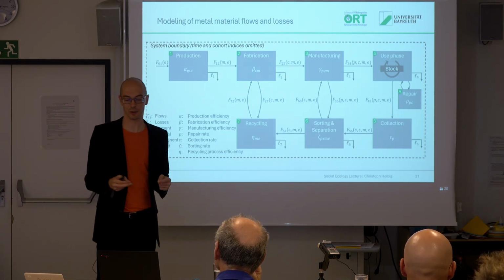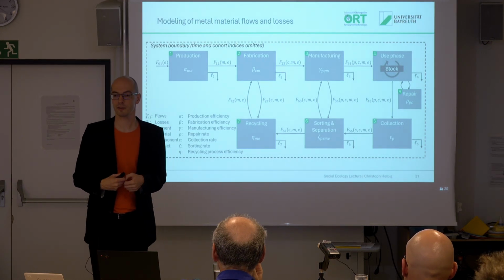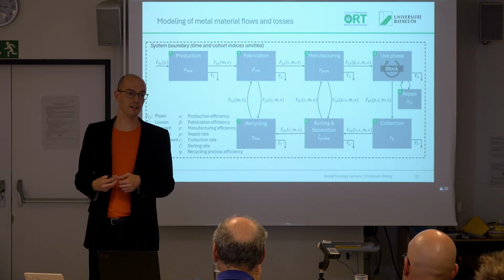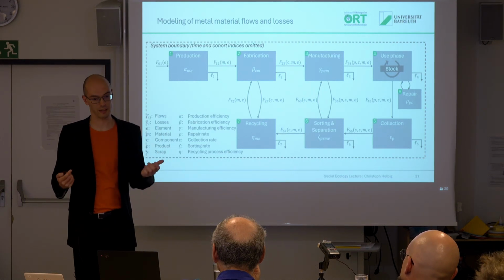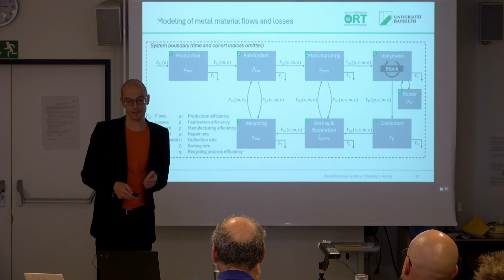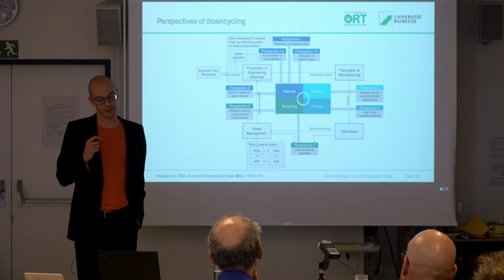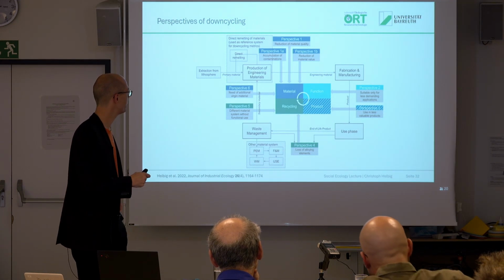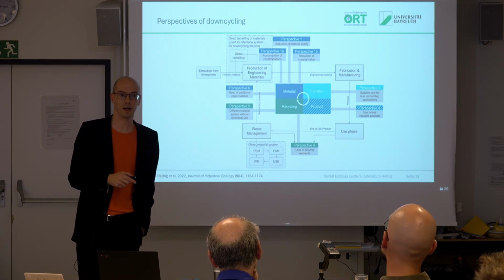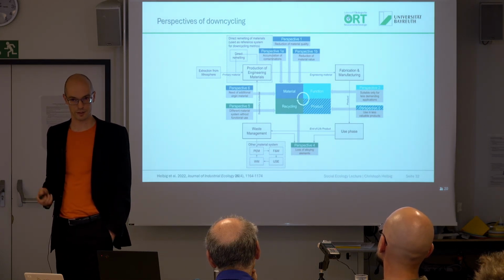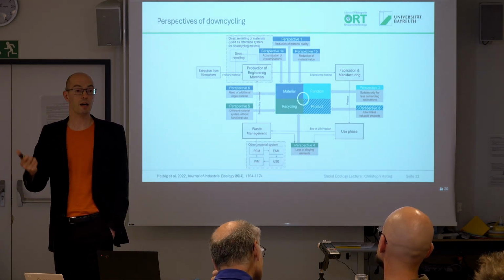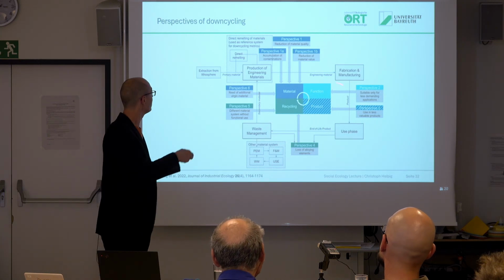And that, of course, requires a lot of process knowledge, thermodynamic modeling, chemical engineering, or metallurgical engineering. Sometimes the problem occurs that these materials become of less and less quality. I just mentioned copper. I mentioned the aluminum case as well.